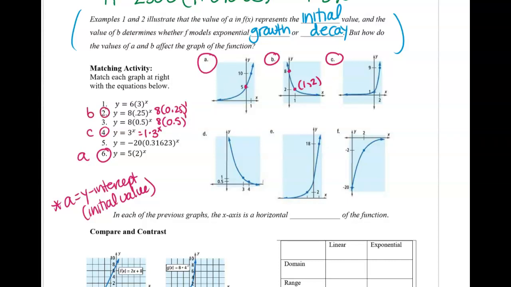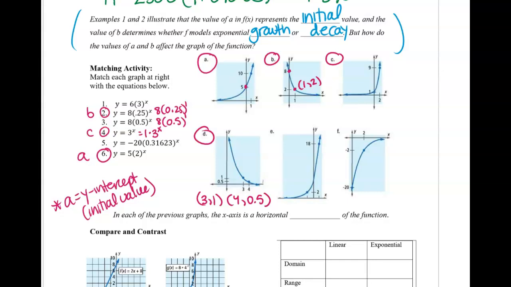Okay, let's look at D. So this one we're really going to have to use points. We know it's decaying, we're going to have to use points. We have the point 3, 1, and we have the point 4, 0.5. So first of all, we know it's not an initial value of -20, so it's not that one.